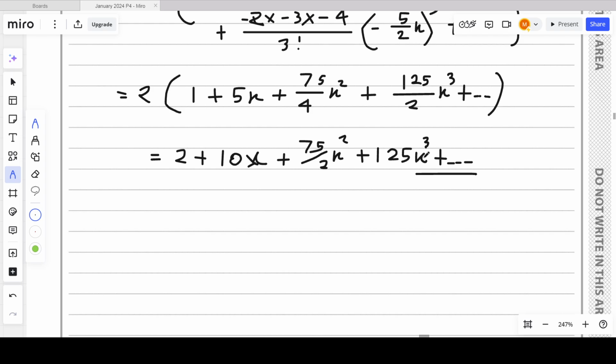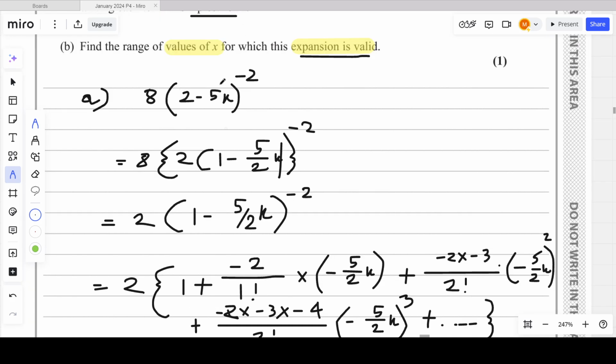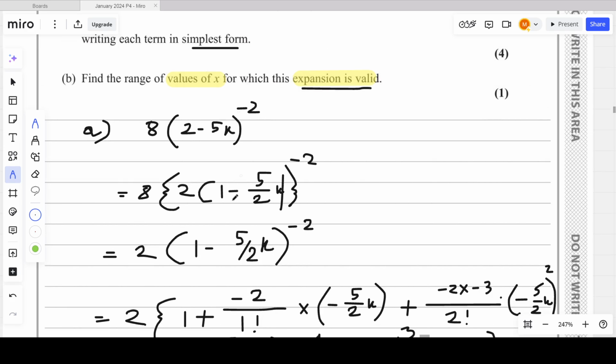And if an expansion is convergent, then approximation is possible with that expansion. Make sense? Now, let us find out what range of values x can take to have a convergent expansion.